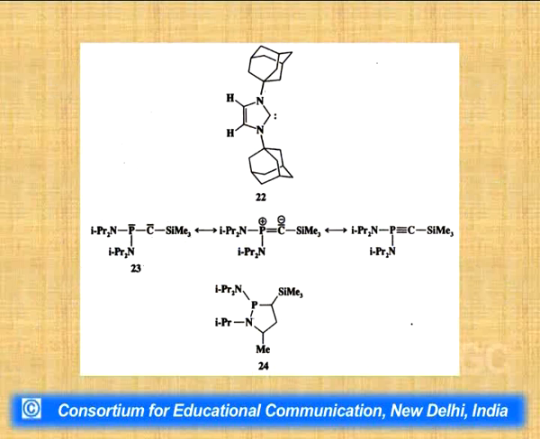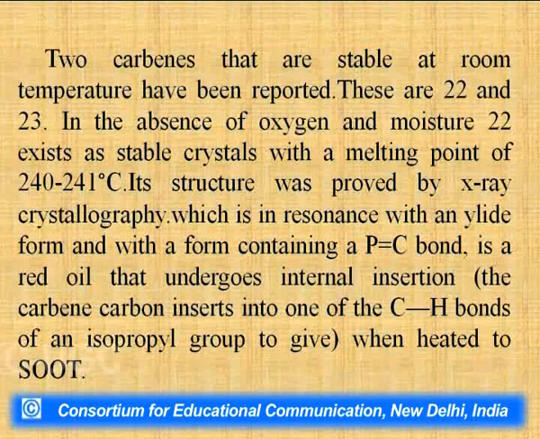You can see in the slide, 23 has a form containing a phosphorus-carbon double bond, and is a red oil that undergoes internal insertion. The carbene carbon inserts into one of the carbon-hydrogen bonds of an isopropyl group when heated.